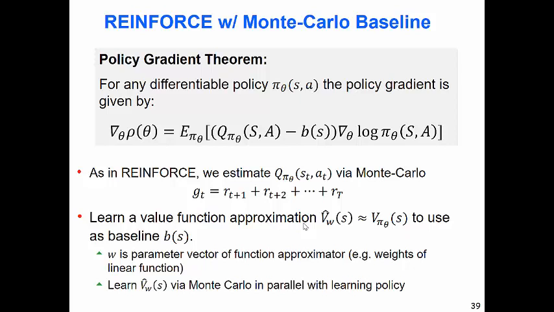The other reason is that some of these reinforcement learning algorithms you'll learn about later use policy evaluation as an inner loop. And here is really one of the major use cases: you're going to use policy evaluation methods to estimate this baseline of the current policy. So let's see what that looks like.